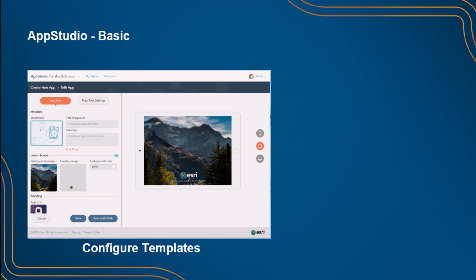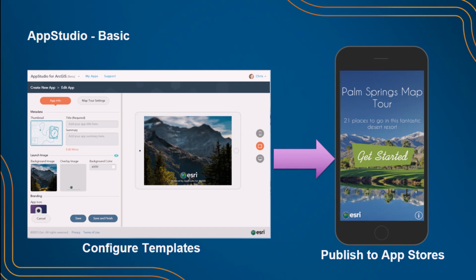All right, switching gears really quick back to AppStudio Basic, because this is the only slide I'm going to talk about it, because it's a developer conference. We're going to talk a little bit more about code and things. So AppStudio Basic is where you go to appstudio.arcgis.com, you go to the website, you can fill out a web form, connect up your maps, your services, upload some images, give us some text, and really from there you can create an app that can be published into the app stores.